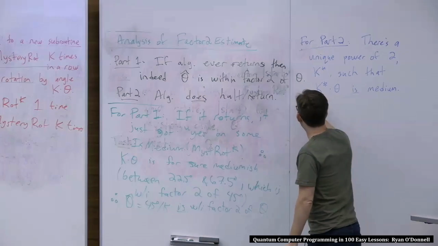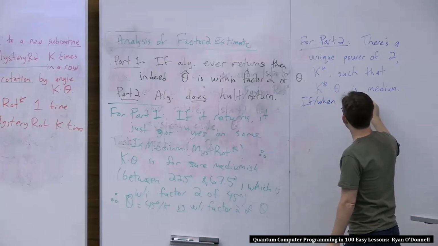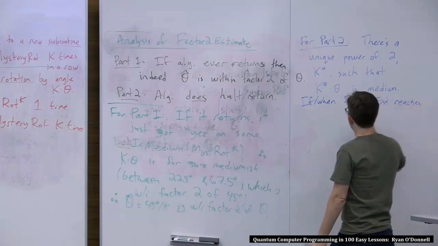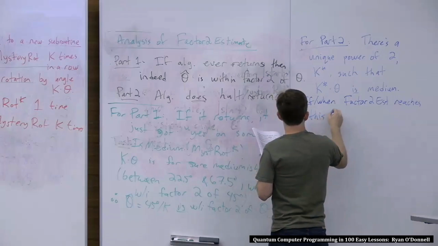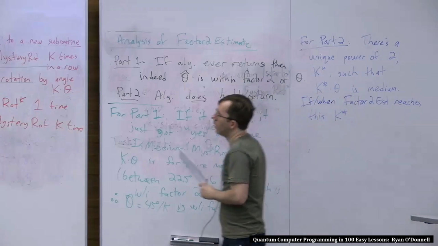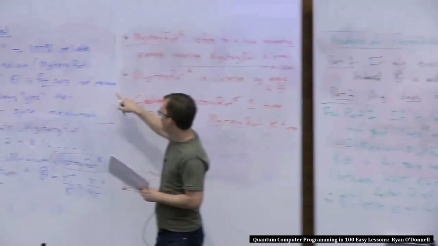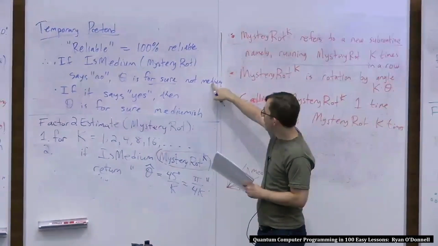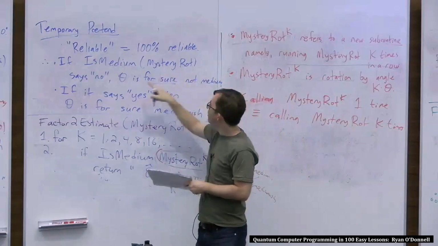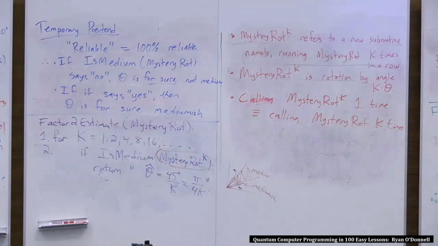And then if and when the factor 2 estimate algorithm reaches this k star in its loop, we know by this fact that is medium will return yes for sure, because if it were to say no, then it would be for sure not medium.